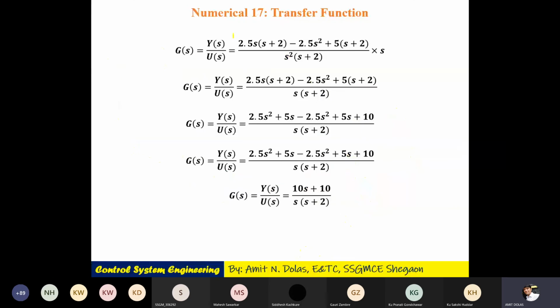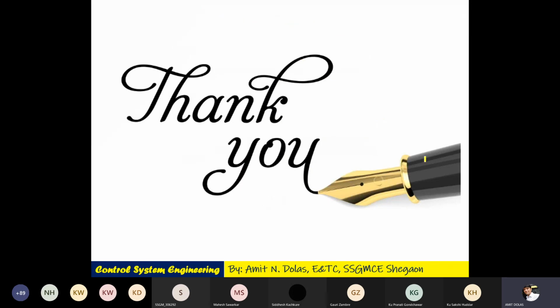Computing that, nothing is rocket science here: multiplying, whatever addition and subtraction is done here. I will not read all these terms. We have minimized it as much as possible. And finally, you will get the transfer function y of s upon u of s is equal to 10s plus 10 divided by s into s plus 2.